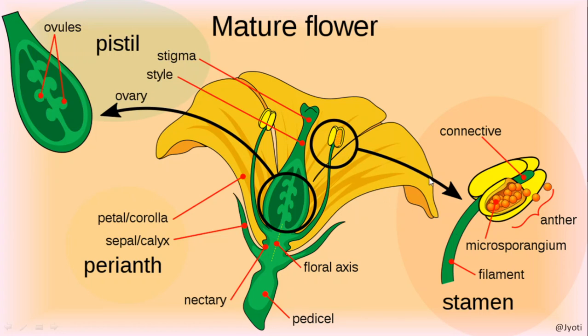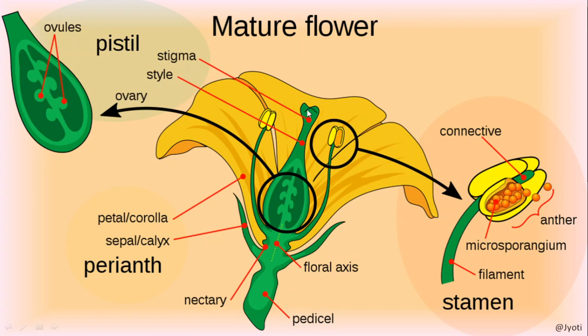So here the structure of the stamen is highlighted. The stamens together are called androecium, and the female reproductive structure is the gynoecium, and the gynoecium is located centrally in a flower.